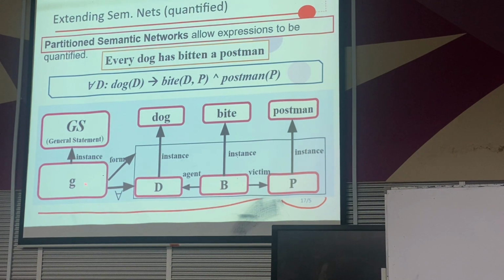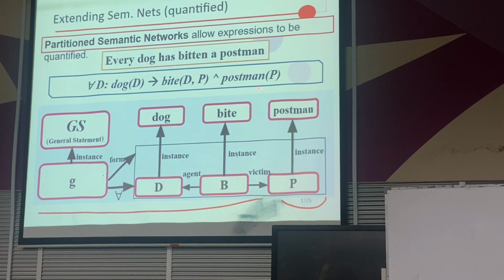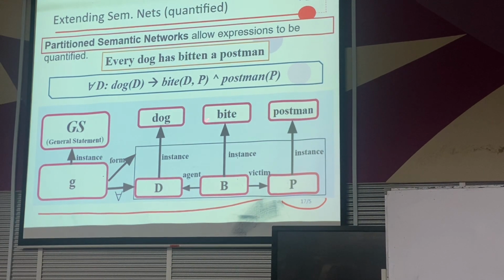Then we create another semantic network here. We know that this is a general statement because it's not specified by the previous case. So we know that it is every dog. Then we create a general statement, and G here is just one of the examples. G is an example of the general statement. And we point this general statement to this semantic network to join these two together, to show that this general statement forms this event.